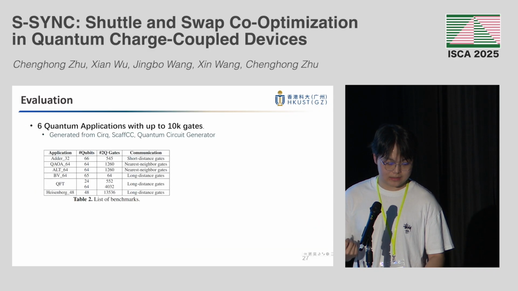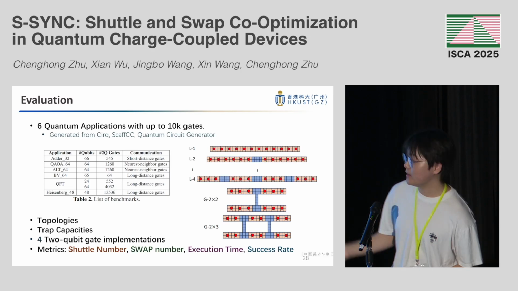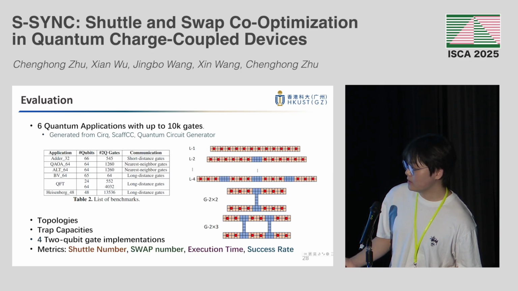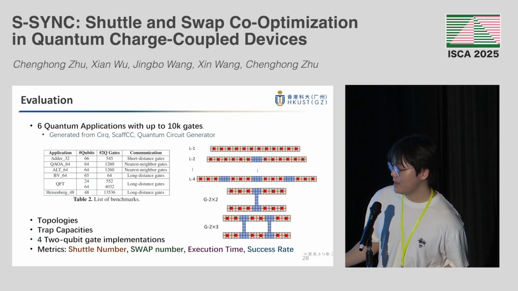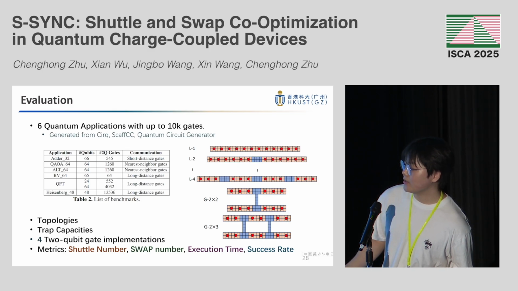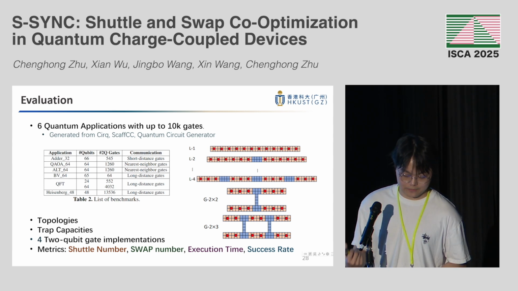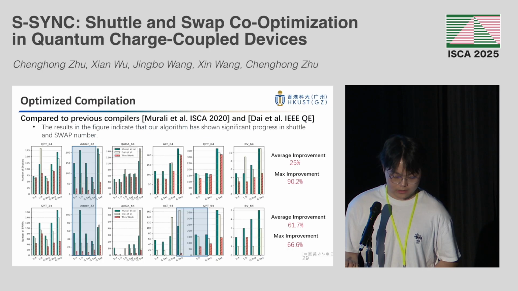We test 6 applications, with different topologies, trap capacities, and gate implementations. We use metrics such as shuttle number, shuttle swap number, execution time, and success rate to rank the performance of our compiler.